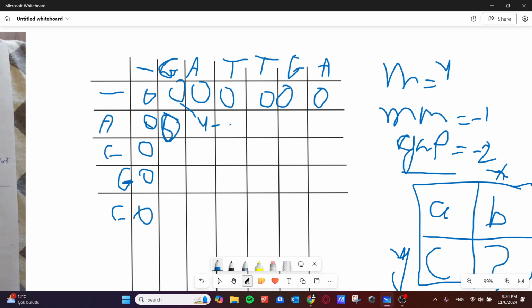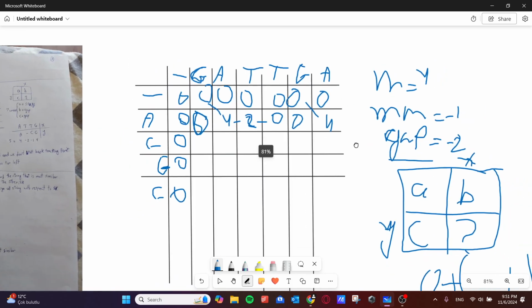Here C is plus gap, gap is -2, so we get -2, and we put backtrack. Again, here, because it's T and A from the diagonal, it's -1, so it's 0 from C. Here it will be mismatch, gap, gap, which is 0. Here we have a match from the diagonal, so it's 0 plus 4, because it's a match.